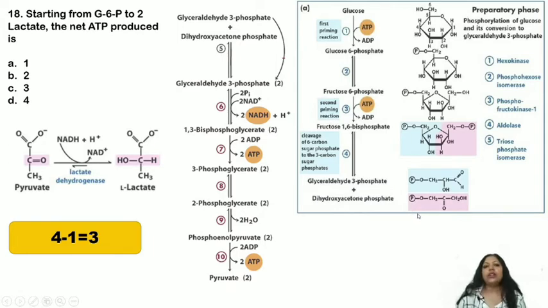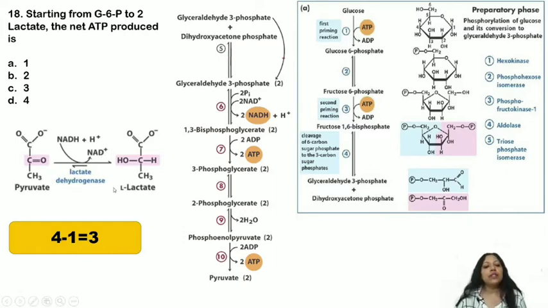But this is not the end of this question, because the question asks about starting from glucose 6-phosphate to 2 molecules of lactate, the net ATP produced is, correct? So, we need to move ahead from pyruvate to lactate, and this is the reaction of LDH, in which 1 NADH is consumed and 1 NAD+ is produced.